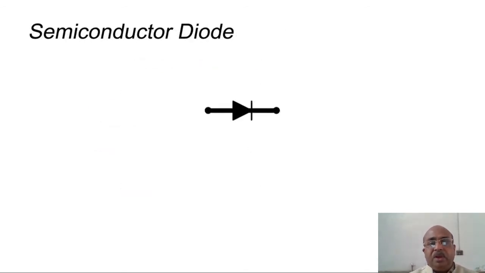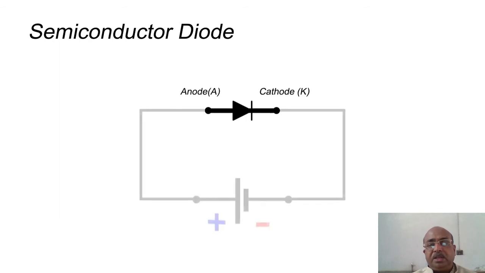Now let us have a look at a device which is a passive component of electronics, called a semiconductor diode. This diode acts like a switch, which allows current to flow in one direction. How? Let us see. The positive part of this device is called the anode, and the negative side is called the cathode.